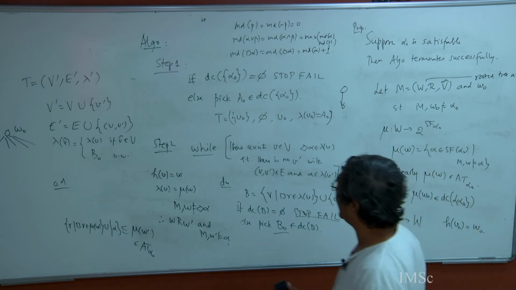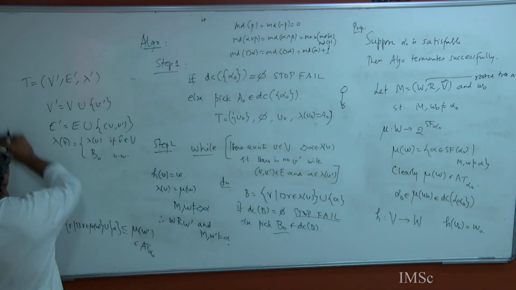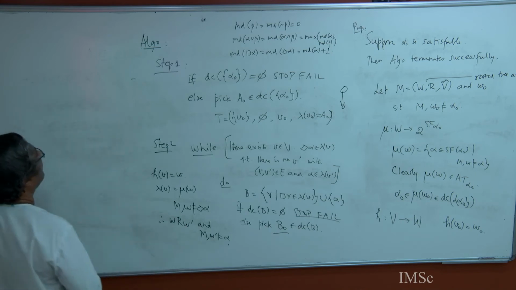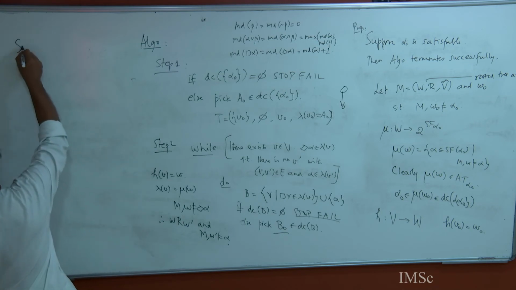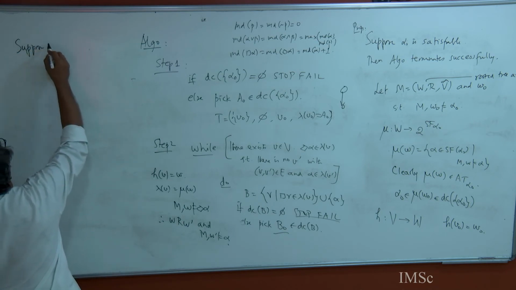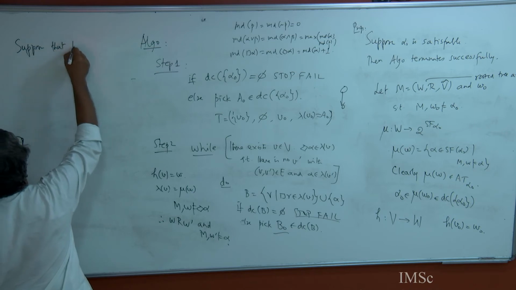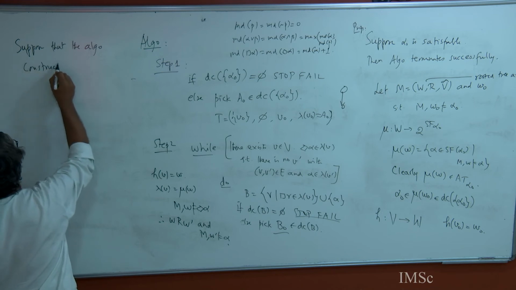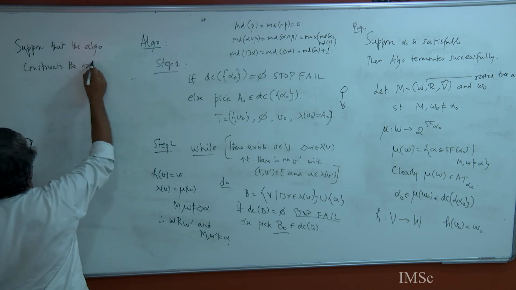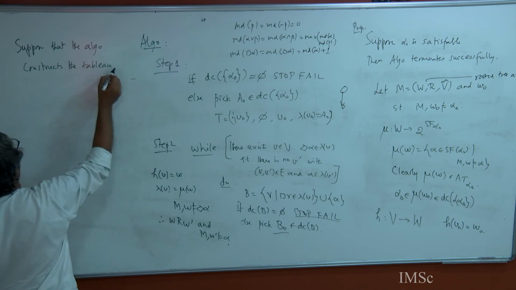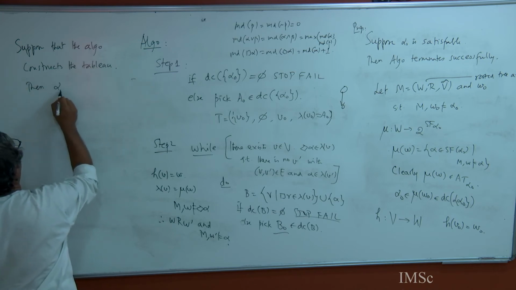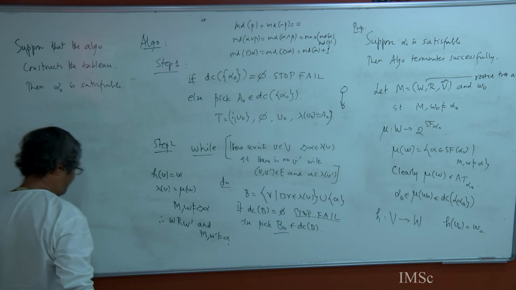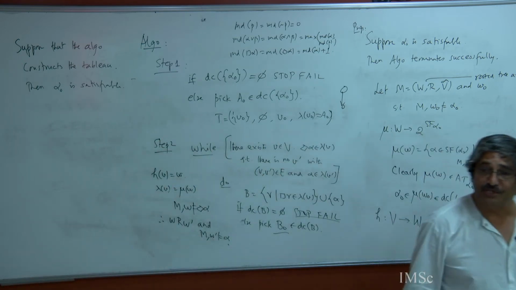Okay. What about the other direction? Suppose that the algo constructs the tableau, T alpha naught. Then how do you show alpha naught is satisfiable?